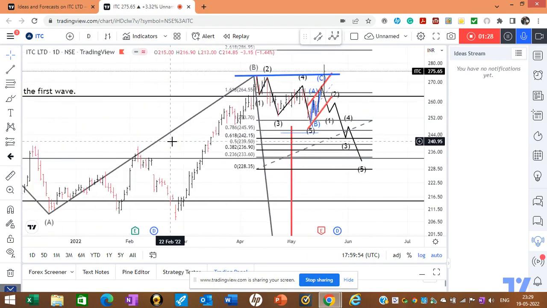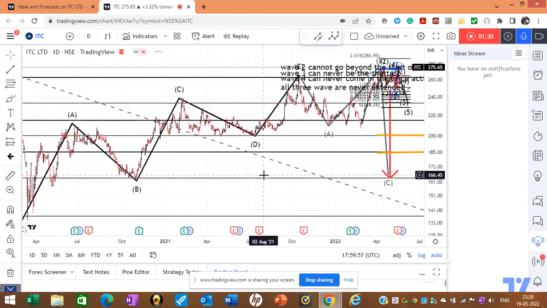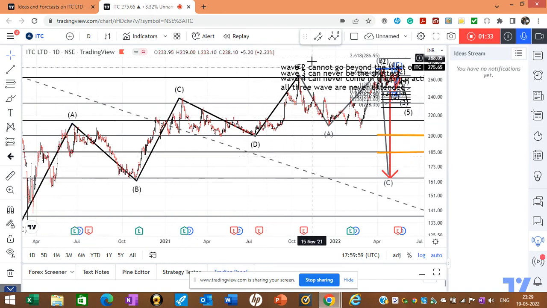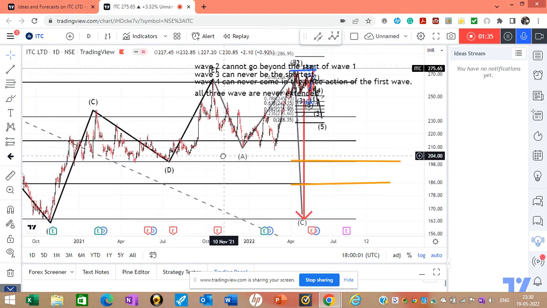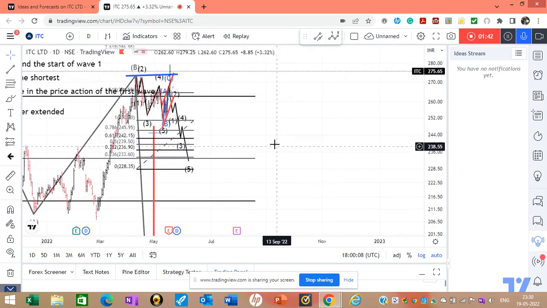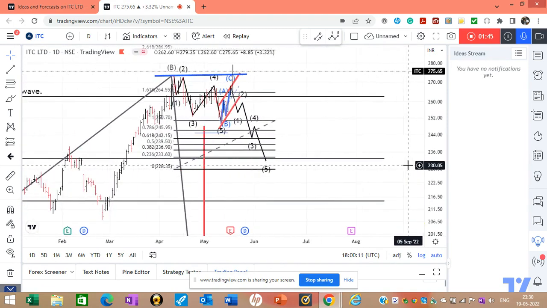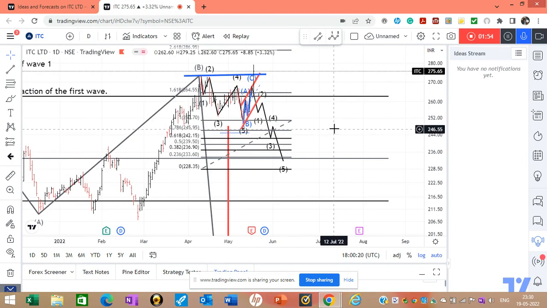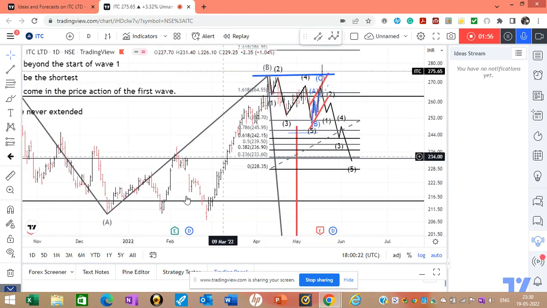So earlier I had marked this as A, B, C, D, and E, a leading diagonal pattern, A wave, B, and I was expecting a decline in the form of wave C. This last wave, this whole wave, which I had marked as one wave, I think the mistake was here.